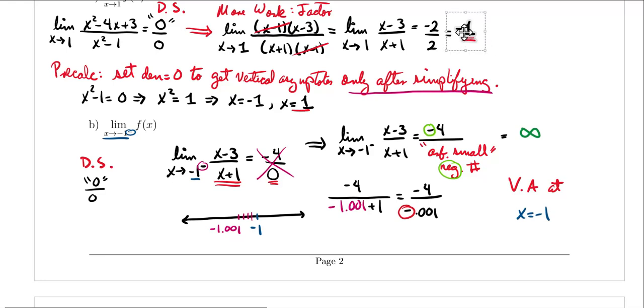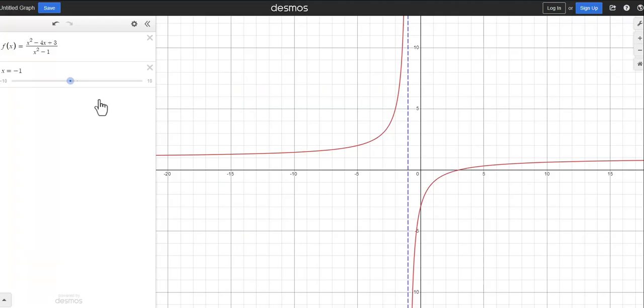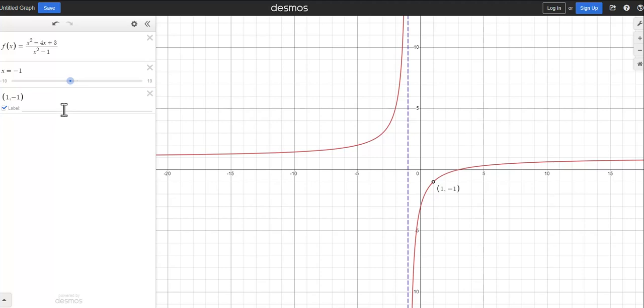But remember, the -1 is not the value for the function. That was the limit. As the x got closer and closer to 1, the y values got closer and closer to -1. It is still true that when you plug in 1 into the denominator, you get 0. So Desmos here is not actually giving you the accurate graph. It should have been like this. There we go.